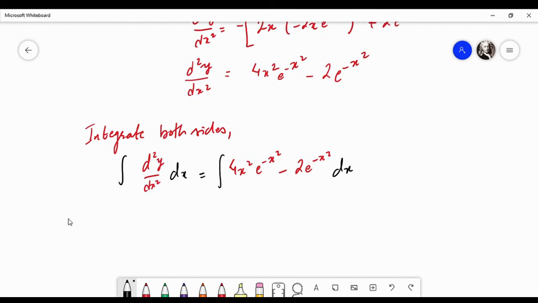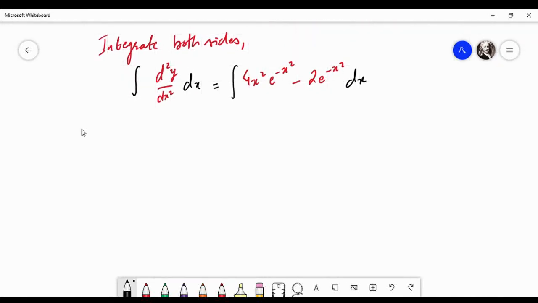Now again, because we need the integration from minus infinity to infinity, that's what we are basically looking at. If you look at this particular situation here, I will write the left side as d2 by dx2 of the integration from minus infinity to infinity of y dx, right?